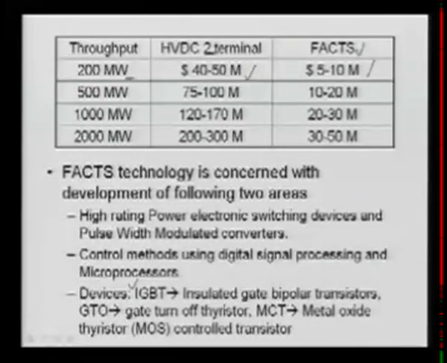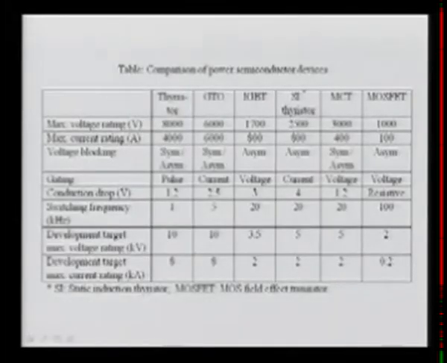So you will see the comparison of the power semiconductor devices. I have compared thyristors, GTOs, IGBTs, SI, that is static induction thyristors, MCT, and MOSFETs, that is MOS field effect transistors.